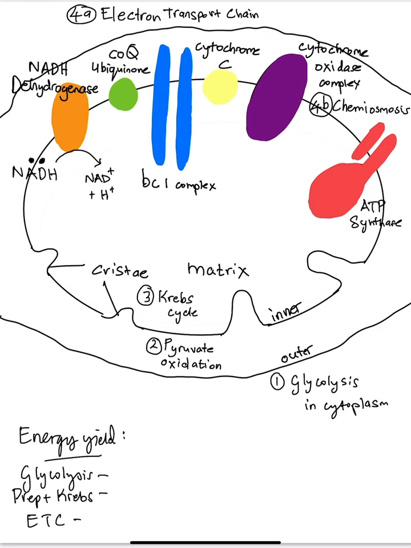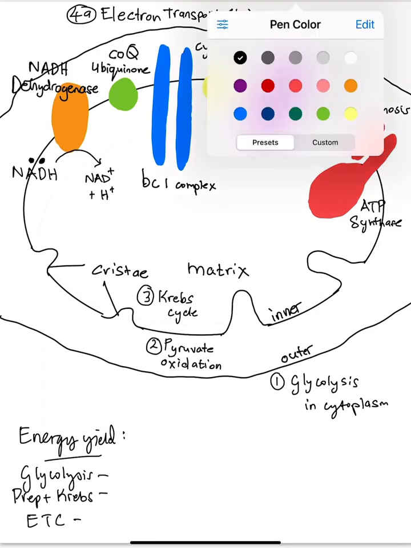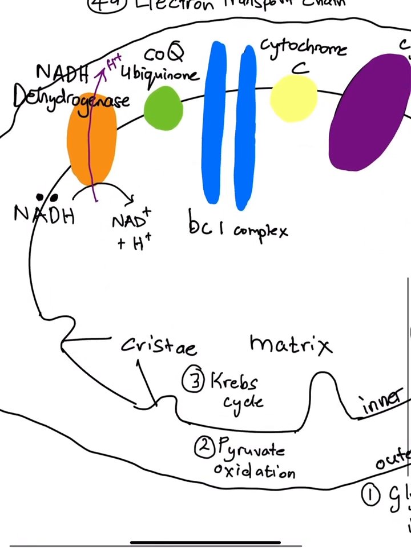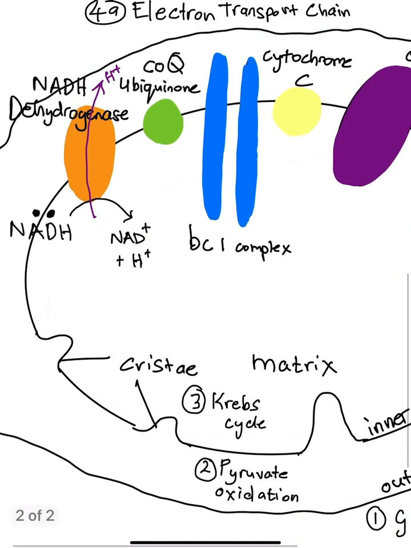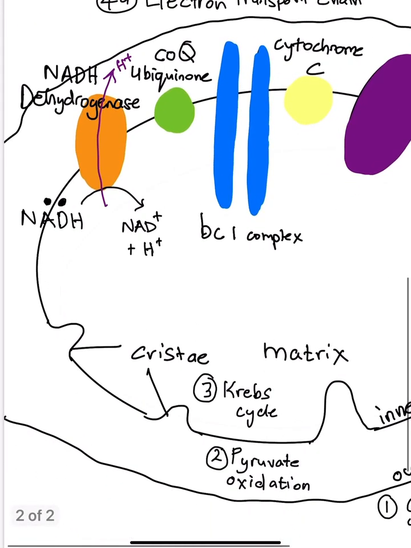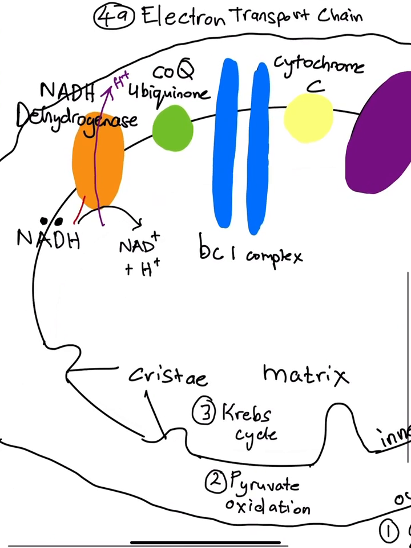This proton will be pumped through the NADH dehydrogenase complex into the intermembrane space. We also see that 2 electrons are released here, as this is an oxidation, and it is transferred to the dehydrogenase complex. The electrons will be pumped through the next complex as well.